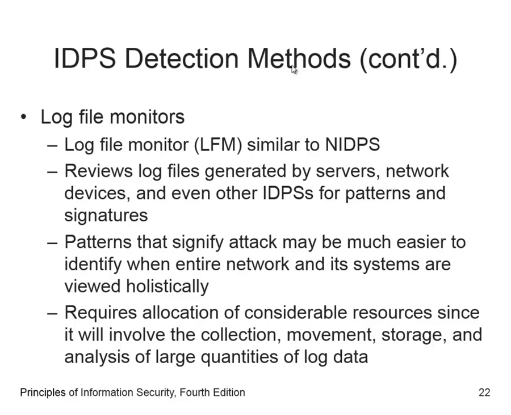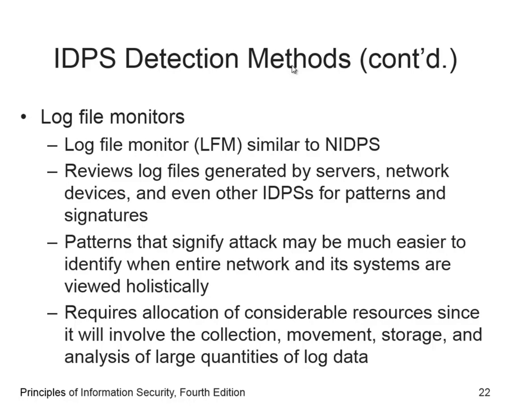The fourth detection method is the log file monitor. The log file monitor is similar to the network IDS and reviews the log files generated by servers, network devices, and even other IDSs for patterns and signatures in the log files that may indicate that an attack or intrusion is in process or has already succeeded.